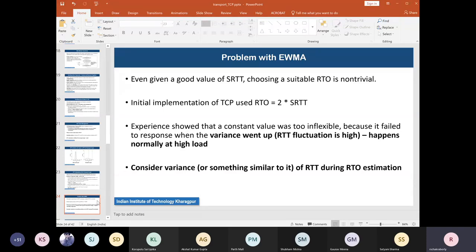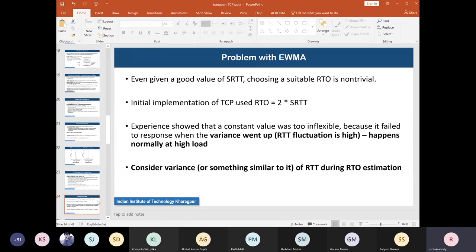This happens at high load actually, because usually traffic is modeled as a Poisson arrival process. Under such queuing theoretical models, if you analyze the traffic, again, I will not go into the details. There are separate courses on performance modeling of computer networks in our department, which if you take, you will study those in detail.